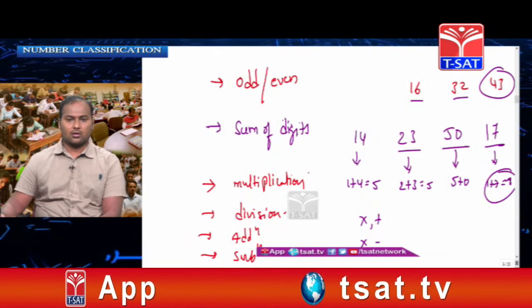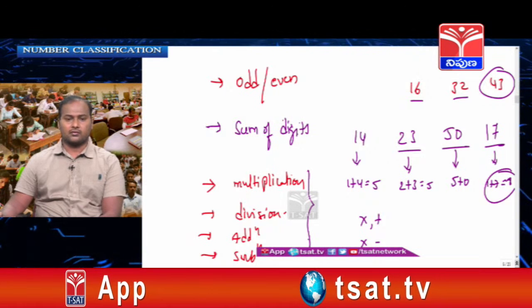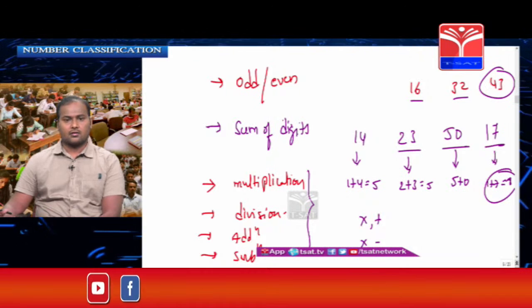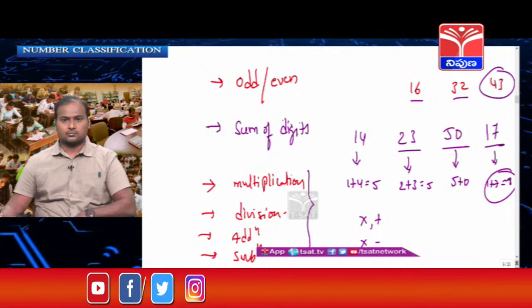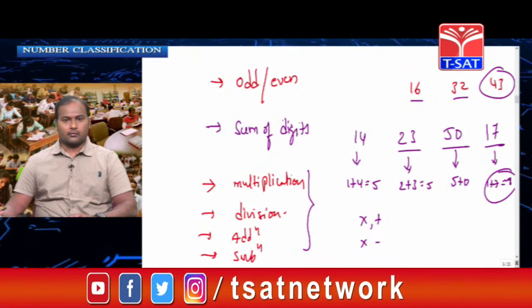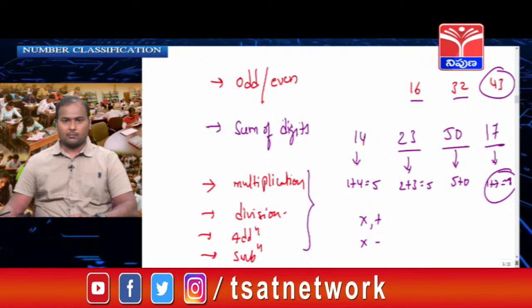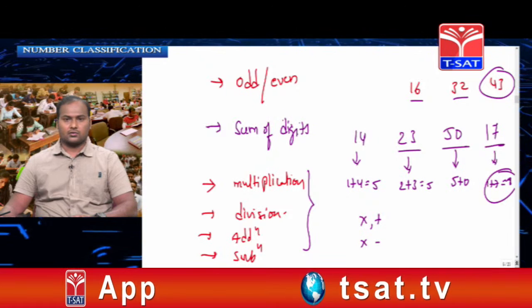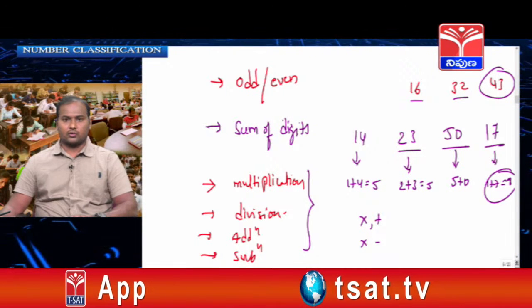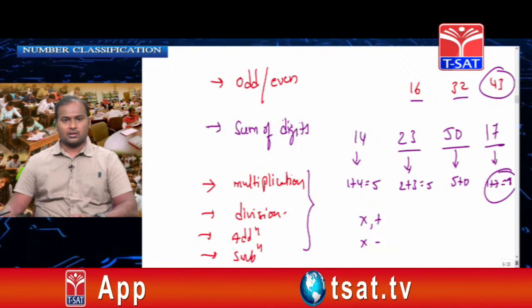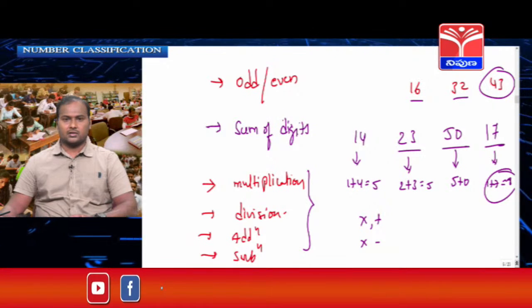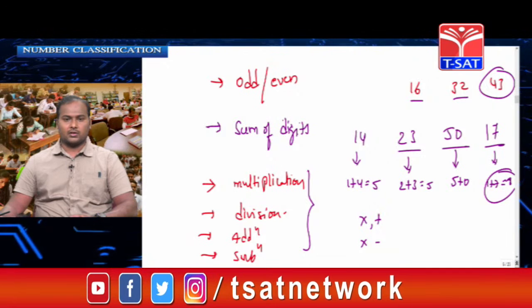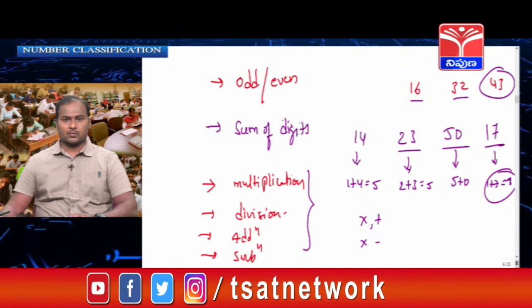So based upon the combination of multiplications, divisions, additions and subtractions, we can expect questions from this area as well. So what we should remember is that questions may be expected from squares, values near to squares, cubes, values near to cubes, then prime numbers, odd numbers, even numbers, sum of digits and combinations, or sometimes a single operation is also possible for multiplications, divisions, additions and subtractions.